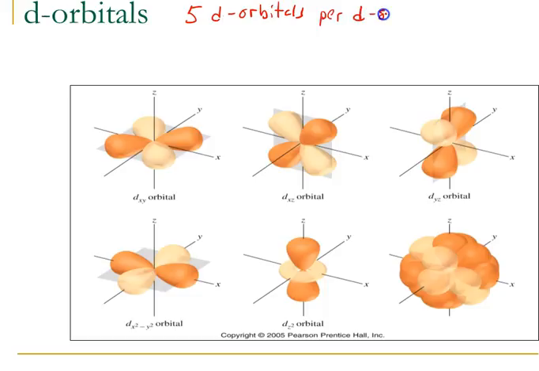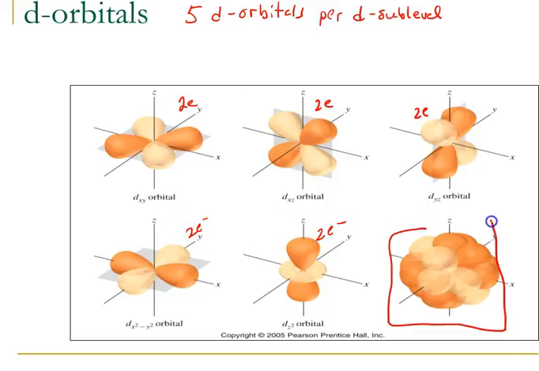So with each of these holding 2 electrons, that means the entire sublevel, which would be represented by all of the orbitals thrown together into one big bundle, would have a total of 2 times 5, 10 electrons.